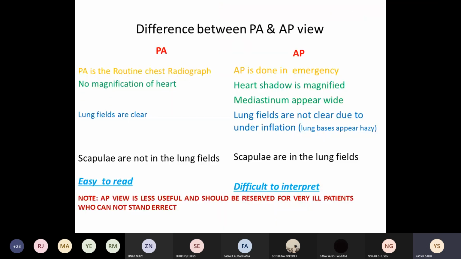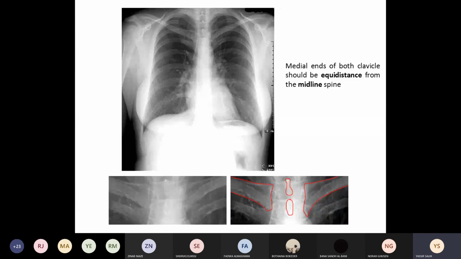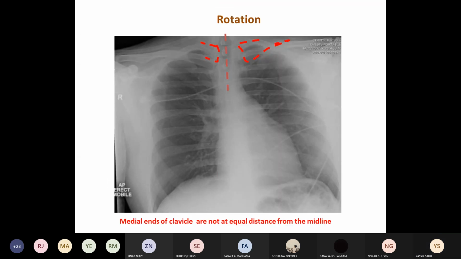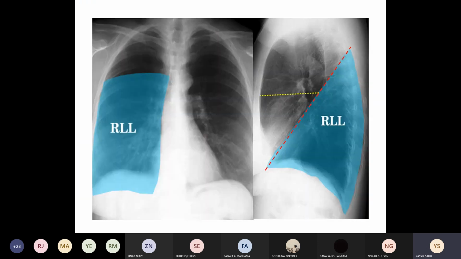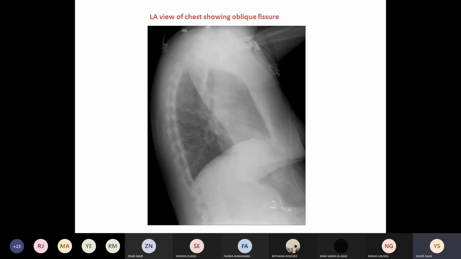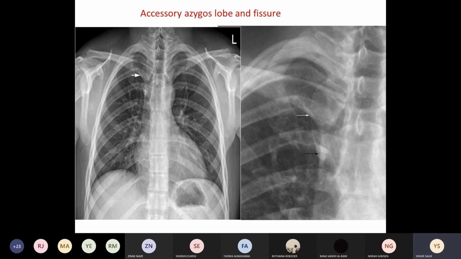Do you have any question? The effect of mastectomy on the chest X-ray, the position of the horizontal fissure and the azygos lobe fissure.